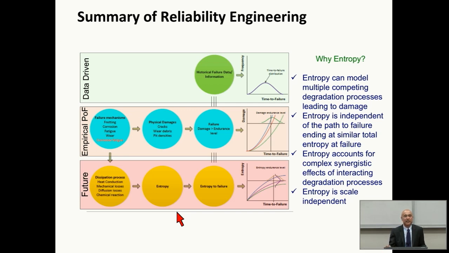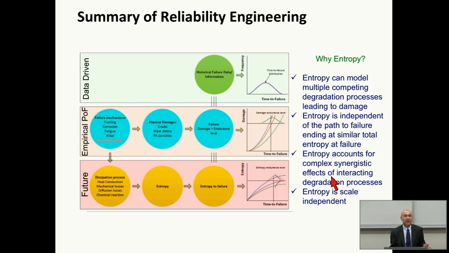So in this case, entropy can model multiple competing degradations in the system. Entropy is independent of the path to failure, and failure occurs once entropy accumulates to a given level. Entropy accounts for complex and synergistic effects among different components and different interacting degradation processes.